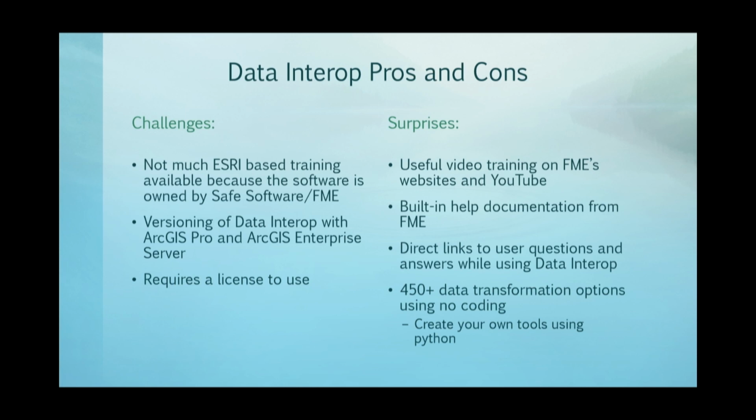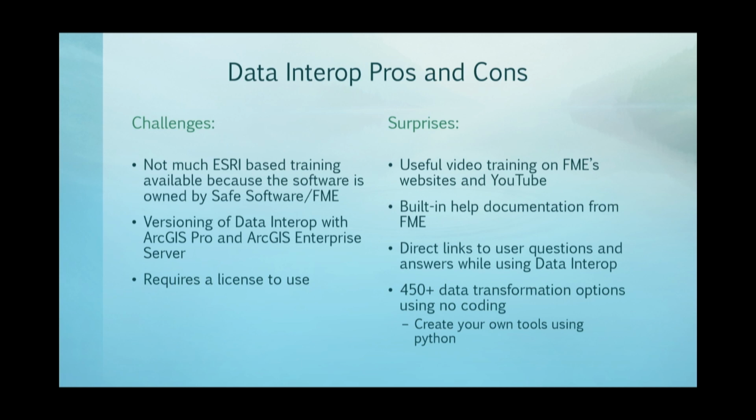I was really surprised at the amount of very useful documentation that is built into data interoperability. Every tool that you use, every transformation that you use, they have a nice little help button attached to it, which takes you to the page that explains what this tool does. And you can easily get to user questions as well, people looking at solutions to some of their issues.